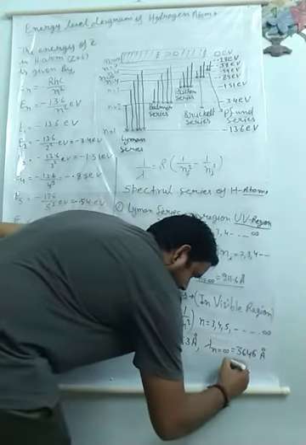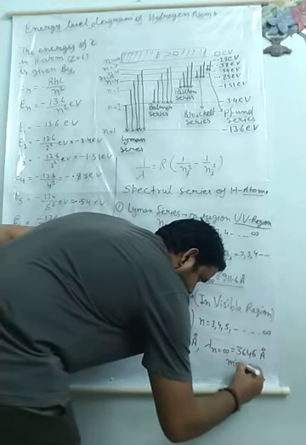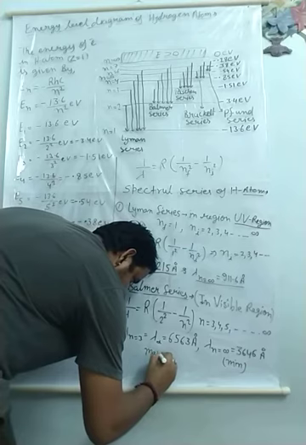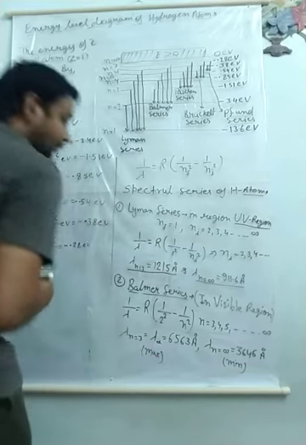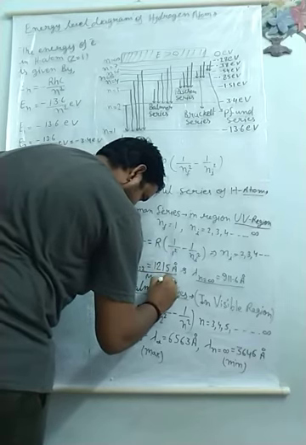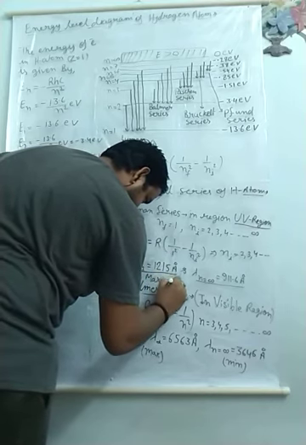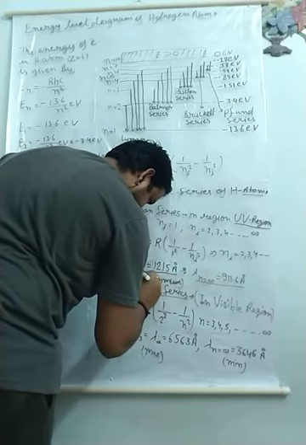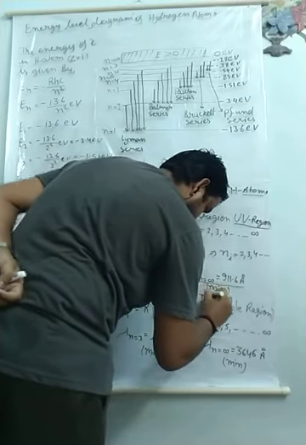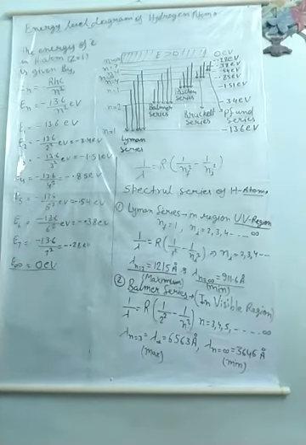This is the minimum, and this one is the maximum. Okay, similarly this is maximum and this is minimum. Okay, so copy till this point.